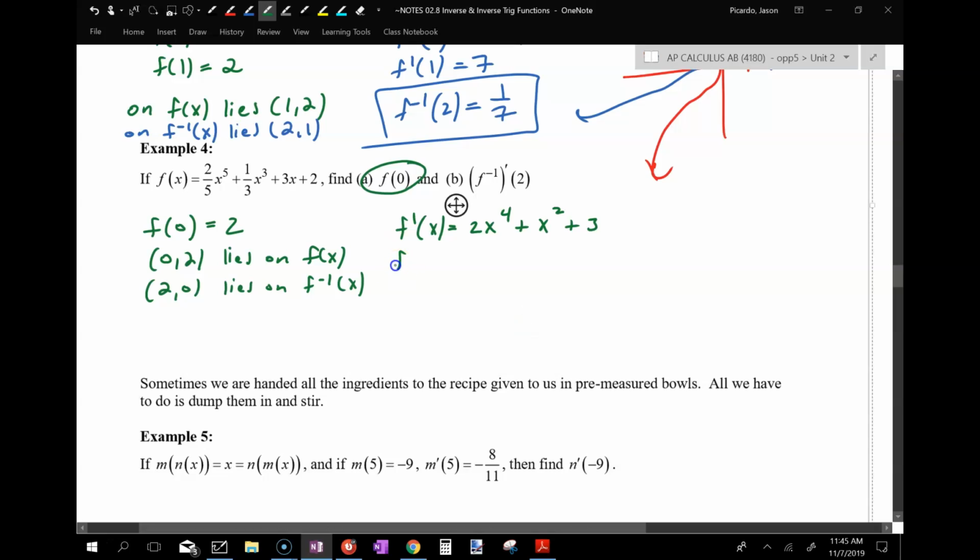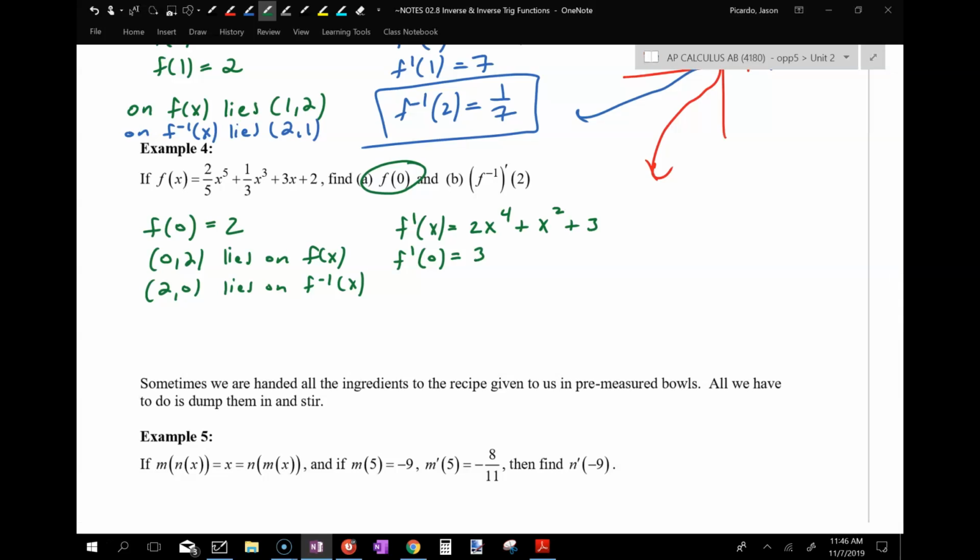All right. So what is the slope of the curve at 0? Well, it's obviously 3, right? So what does that mean, guys? That means the corresponding point must have a slope that is the reciprocal of that, right?